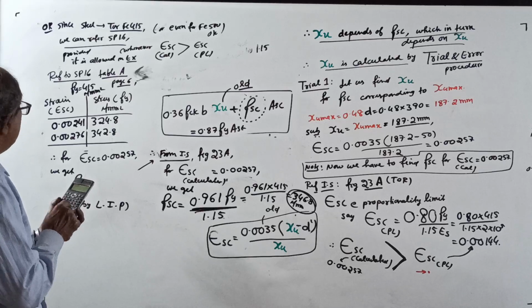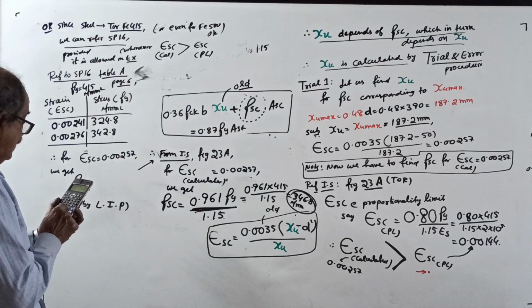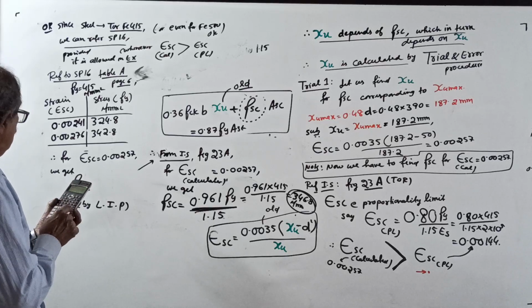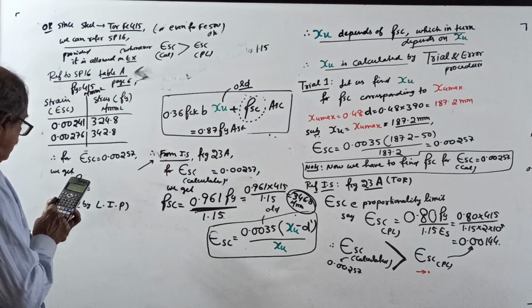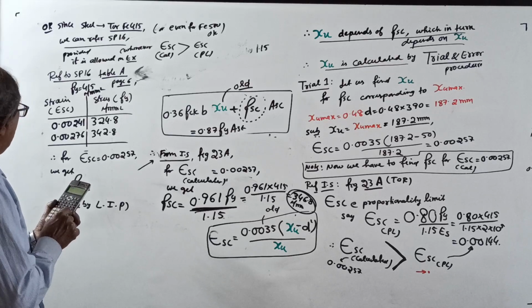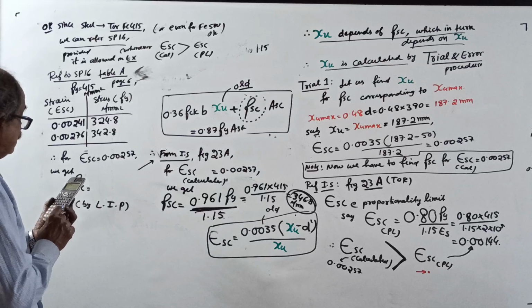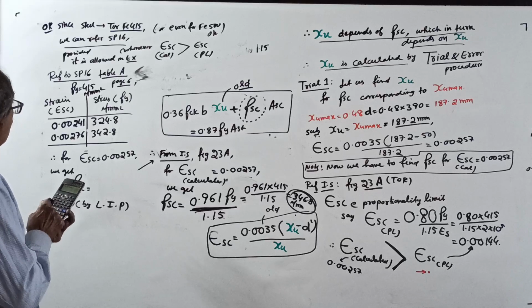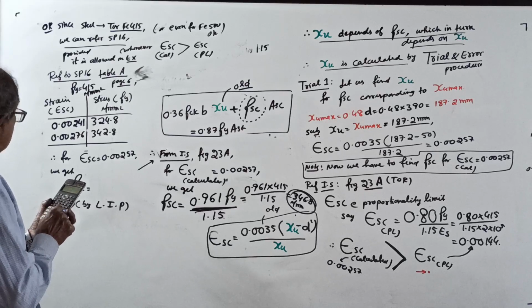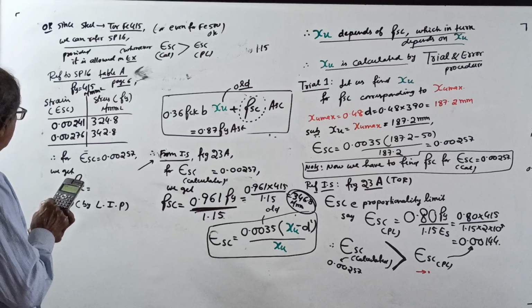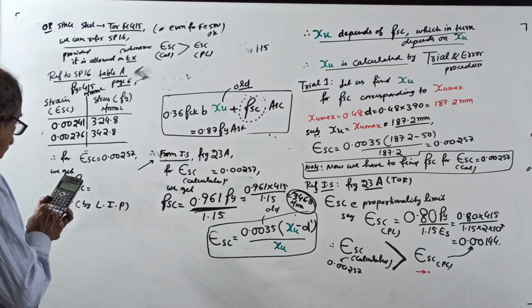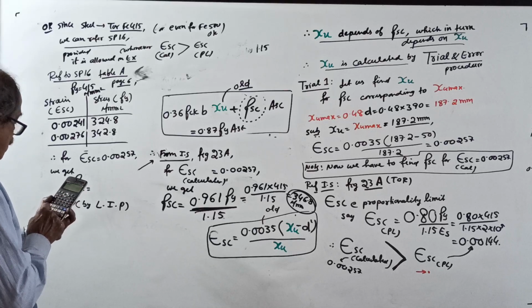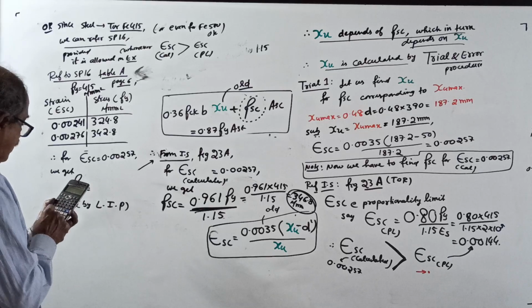See, 342.8 minus 324.8 divided by 276 minus 241, into 257 minus 241. That much I have to add to 324.8. Something is wrong. 342.8 minus 324.8 divided by bracket 276 minus 241, I am not doing the zeros, into bracket 257 minus 241.